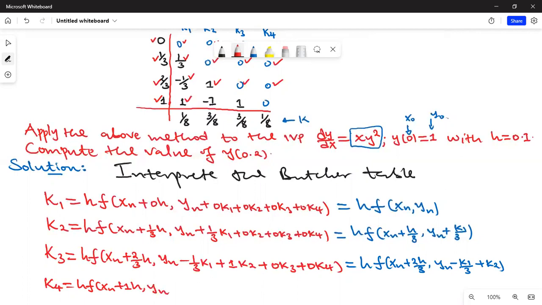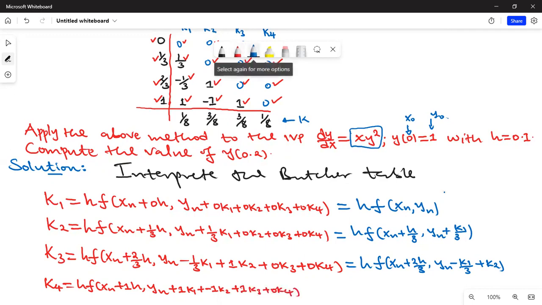Here we are adding 1 k1 plus negative 1 k2 plus 1 k3 plus 0 k4.